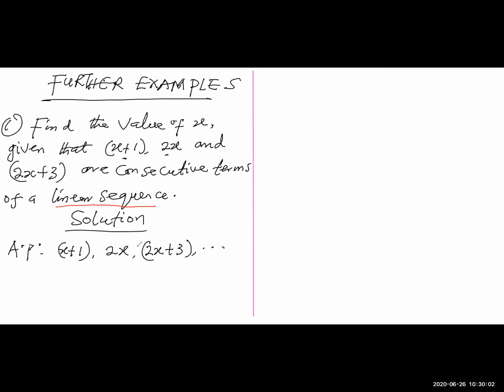You discover that you cannot use the nth term formula, a plus n minus 1 d, because this formula is used when they ask you to find any of these variables, which can be the common difference, the nth term, the last term, the first term, or the number of terms. But they did not ask to find any of these variables, they ask you to find the value of x.